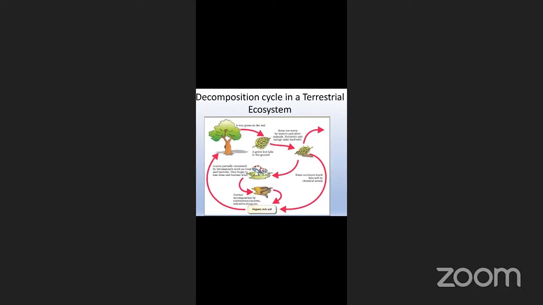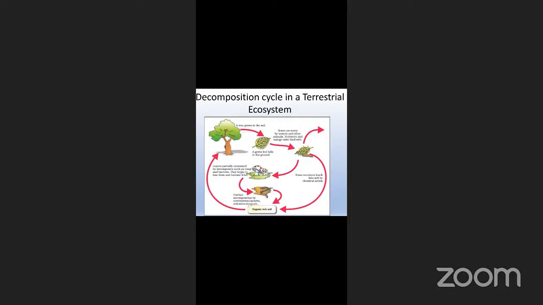For example, a tree is grown in the soil and, during the fall season, a leaf falls on the ground. Then some insects come and feed on this leaf. Whatever nutrients are present in the leaf are released into the soil by the process of leaching. Or this leaf or insect may be eaten by some fungi.